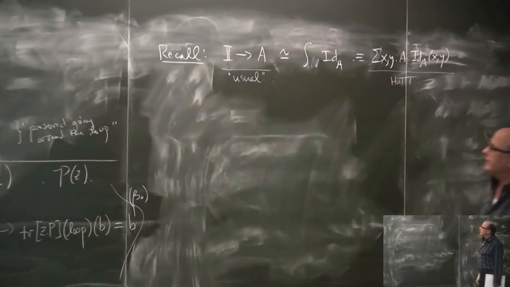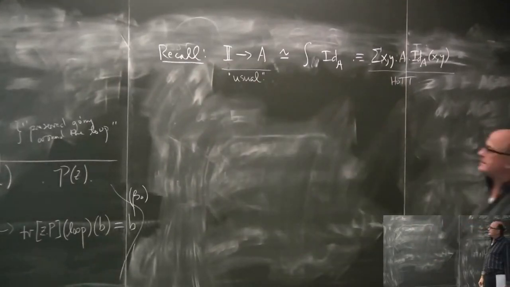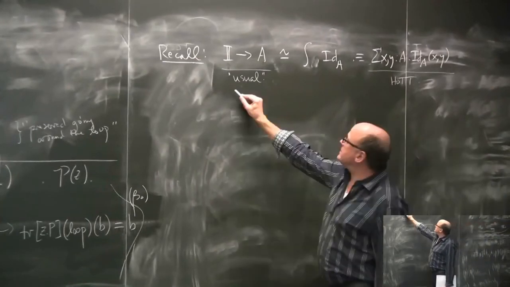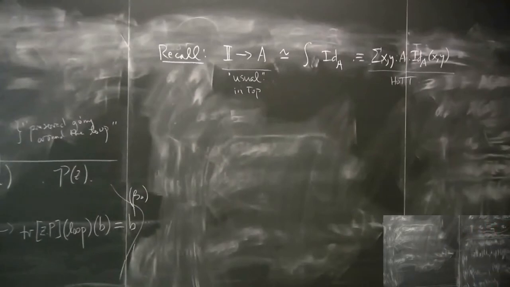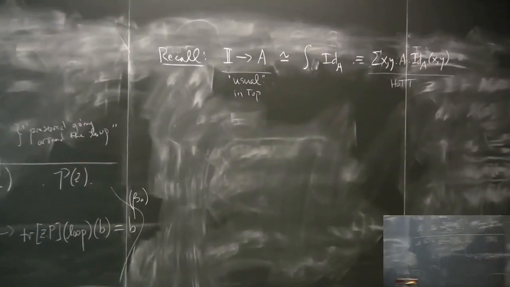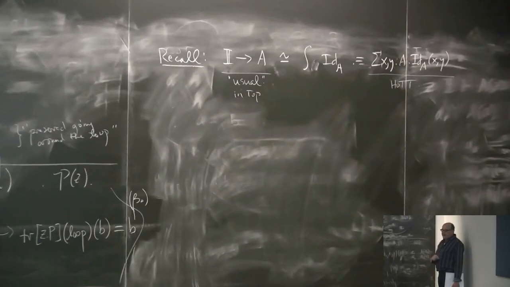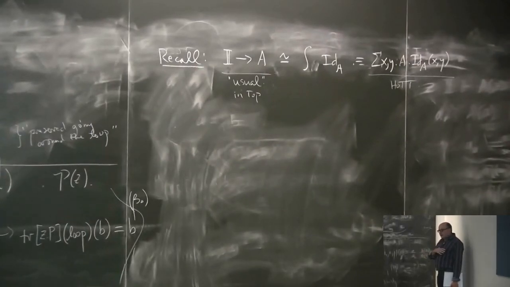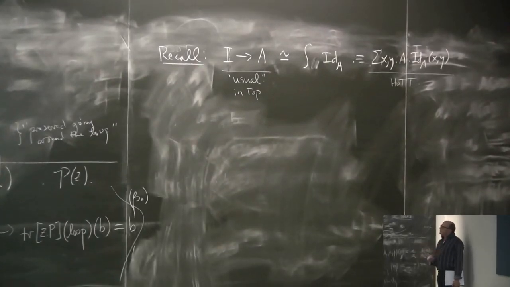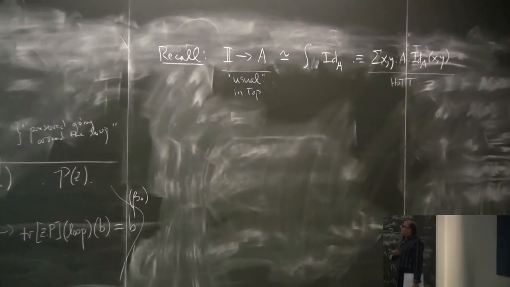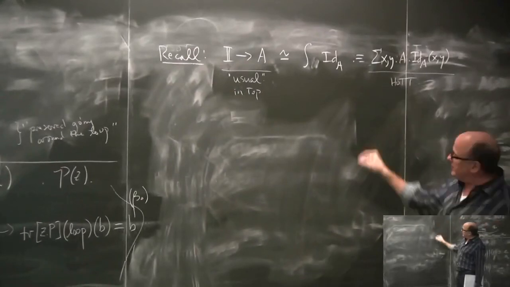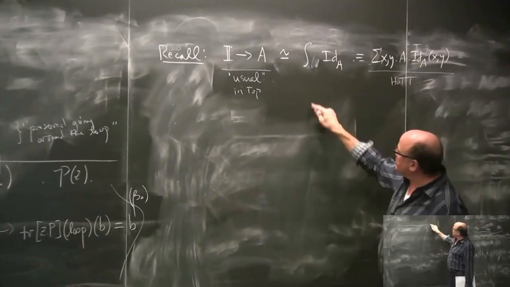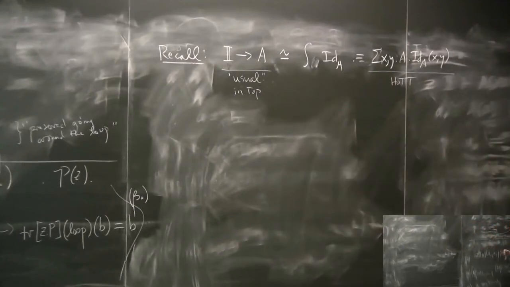In topology, the I is the actual interval, a piece of the real line, and you think of a path as a set of points. If you have a continuous mapping from the real unit interval into A, then you're tracing out a set of points in A that goes from, let's say, A0 to A1.